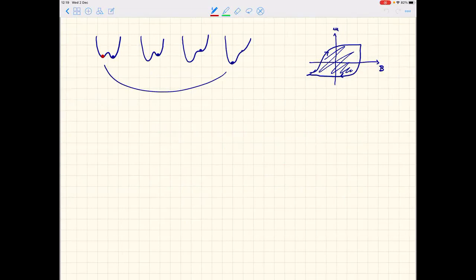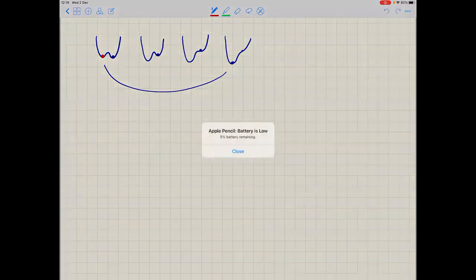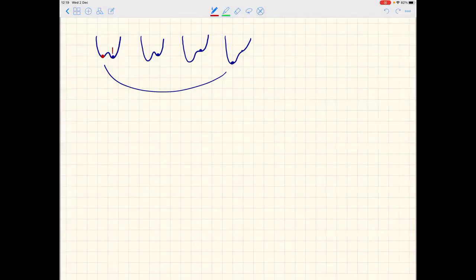Hysteresis. Okay, so, well, you remember this figure here, right? So the two are sitting there. Suppose that the system is sitting here with this magnetization.